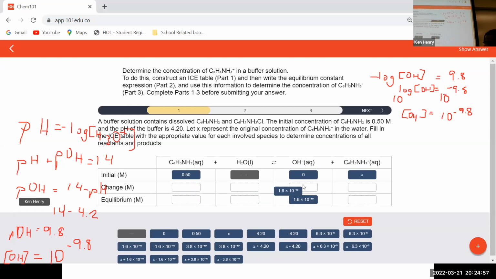And that's also going to be our change, right? So then what do I need to put here? Subtract it.